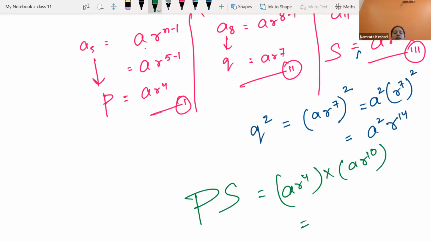That means A square r to the power 4 plus 10, using the same formula. And it will be a square r to the power 14. Can you see it, Nabeela? Yes, ma'am. Therefore, q square is equal to ps. Clear? Yes, ma'am.